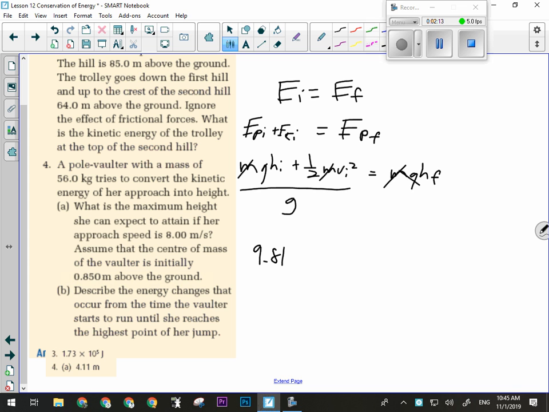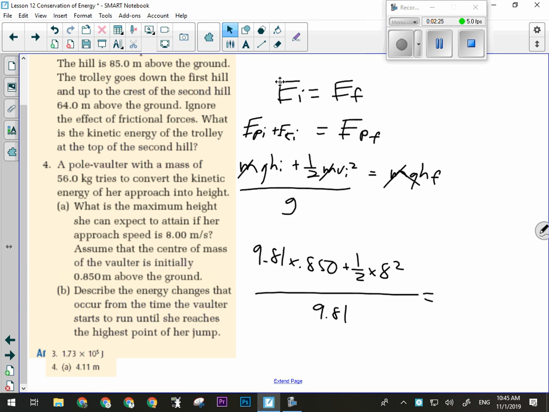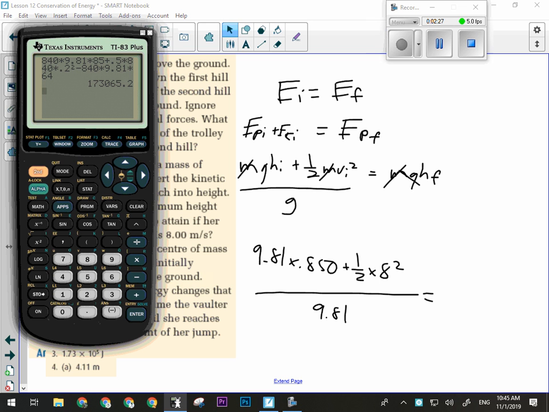So 9.81 times 0.850 plus 1/2 times 8 squared, her initial speed, divided by 9.81 should give me the final height of the pole vaulter. So 9.81 times 0.85 plus 0.5 times 8 squared, divided by 9.81. 4.11 meters.